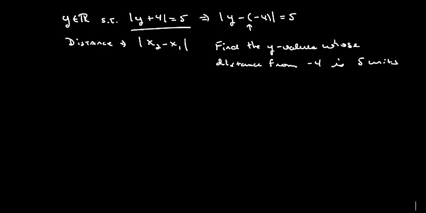That's how you interpret this. So it's not about pushing symbols around. It's about thinking about what the absolute value is asking, what geometrically we're looking for, and solving it from there.